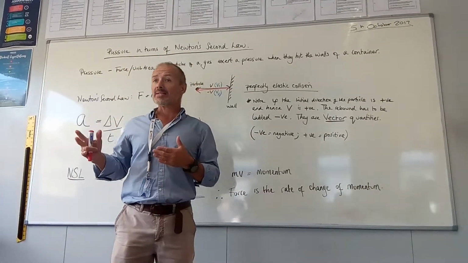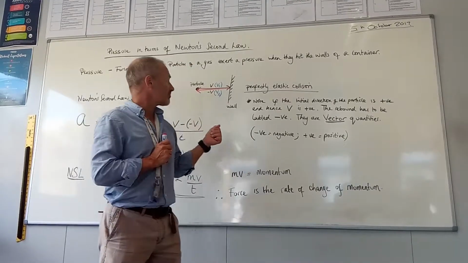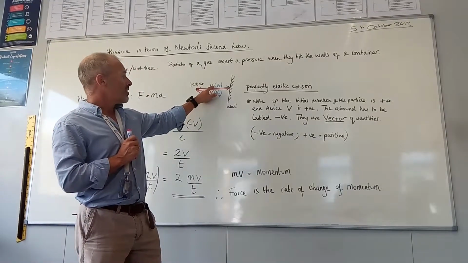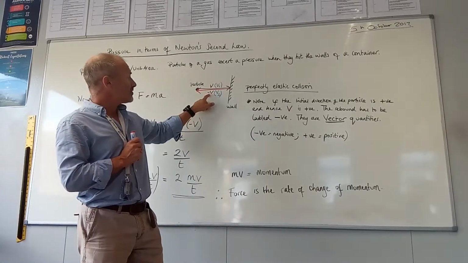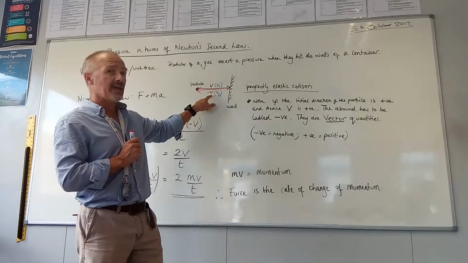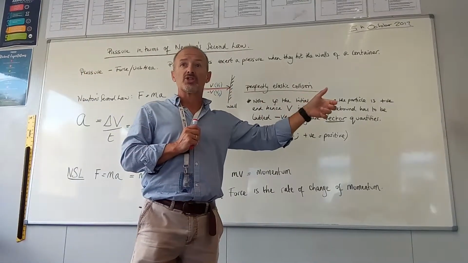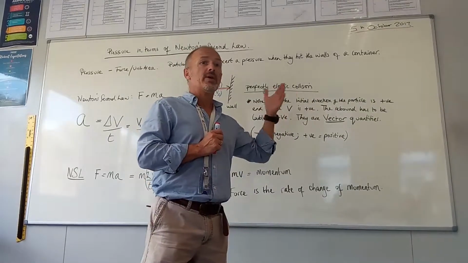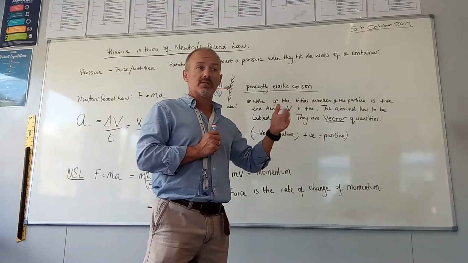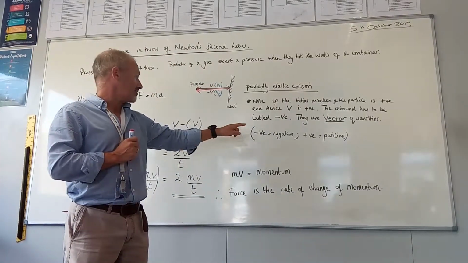The term elastic means that no energy is lost. If I have V going in as my V1, I have to have minus V coming out as my V2. If I have a positive direction going in, I have to have a negative direction coming out because we are dealing with vector quantities. I've just put a little note there to explain that.